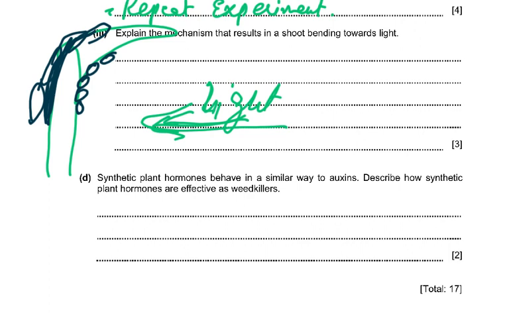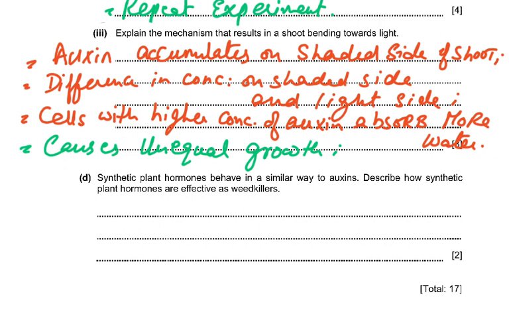That is why you see the shoot growing towards light. It's an unequal growth. So auxin accumulates on the shaded side of the shoot, cells with higher concentration absorb more water, and this causes unequal growth.